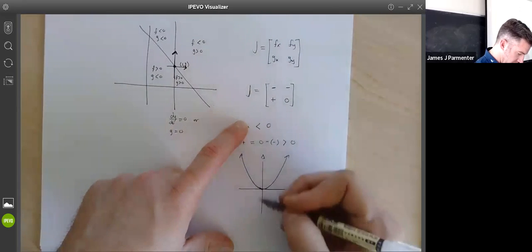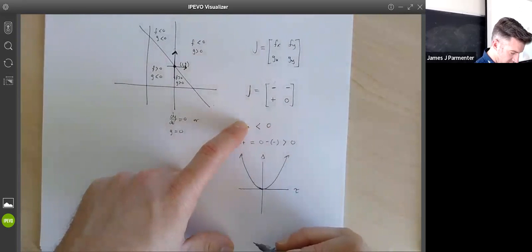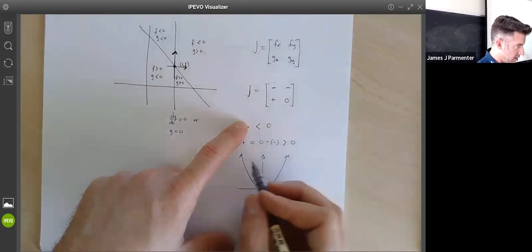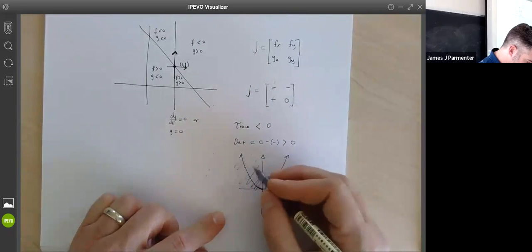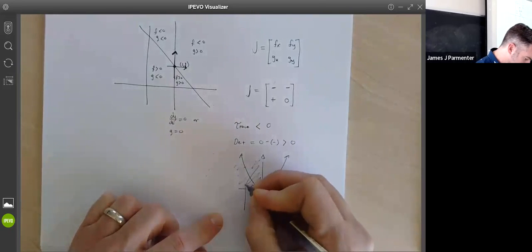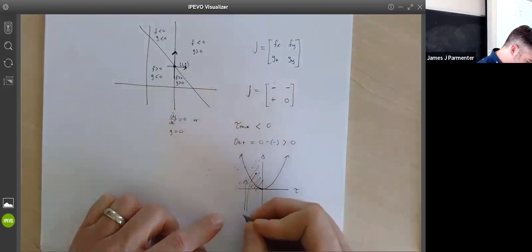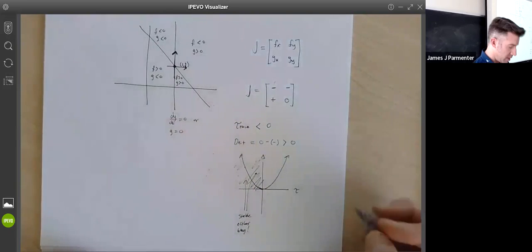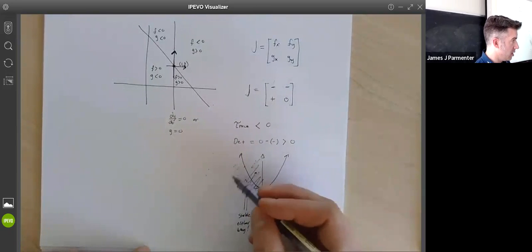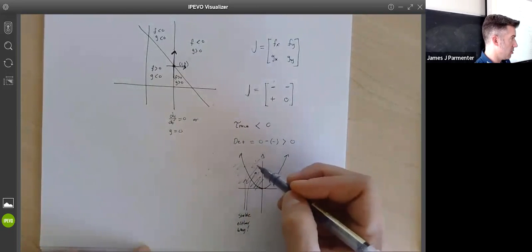If I'm over on this side, and if my determinant is positive, I'm up above the x-axis. So I'm over here. And on this side, whether I'm here or here, we're stable either way, because over here we have a stable node, and over here we have a stable spiral.